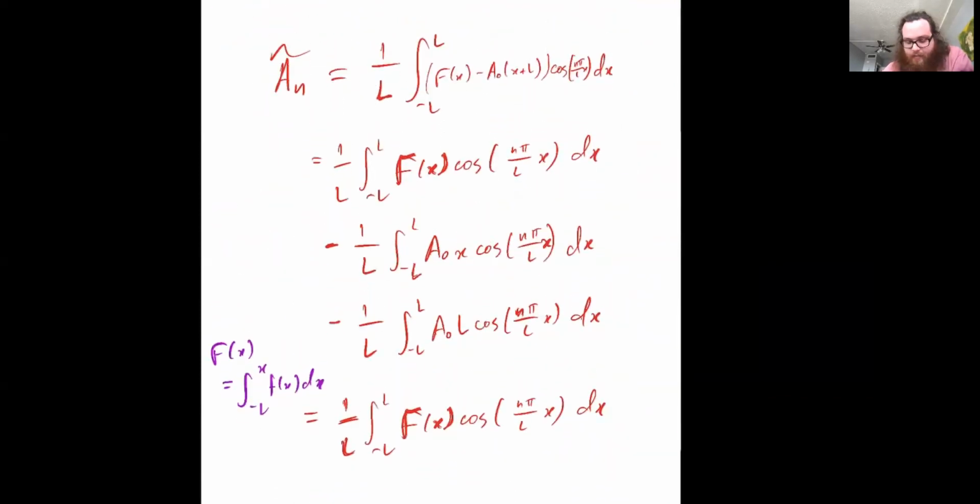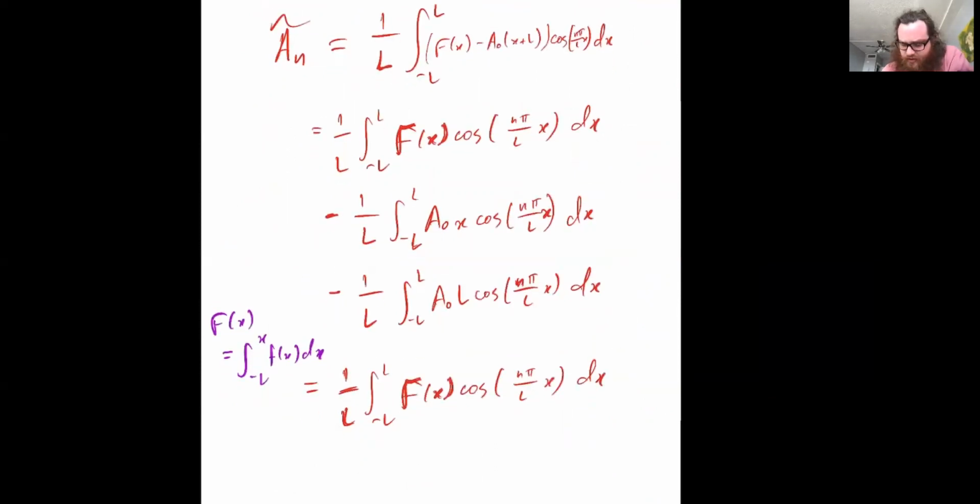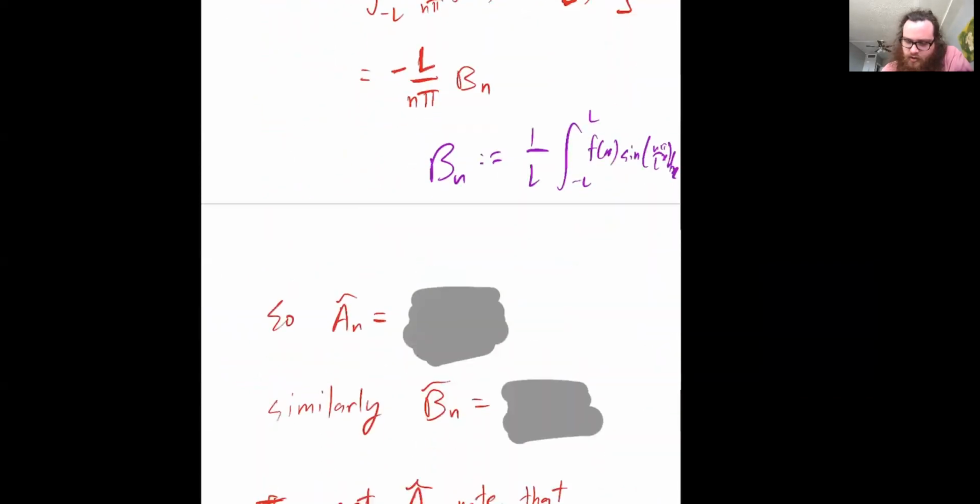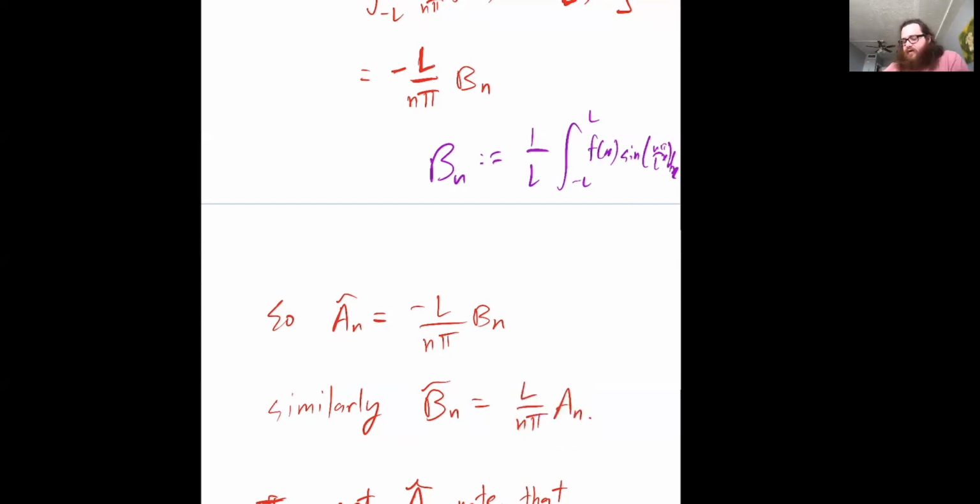This was a computation for a sub n tilde, the coefficients for the cosine pieces of g of x. So a sub n tilde is going to be minus L over n pi b sub n. Likewise, b sub n tilde, same exact process, integration by parts, you're going to get L over n pi times a sub n.